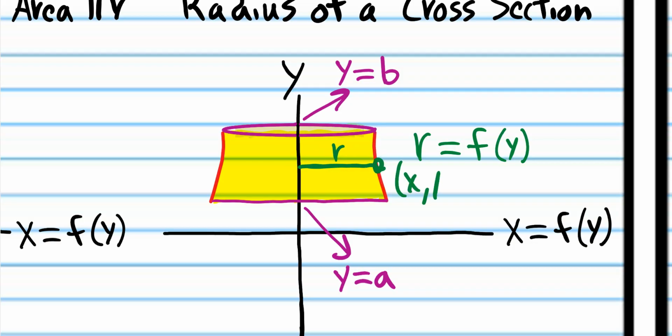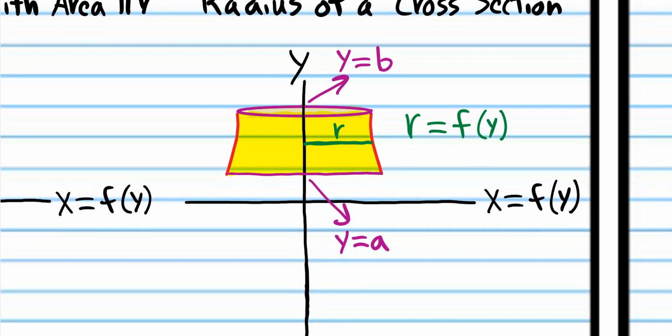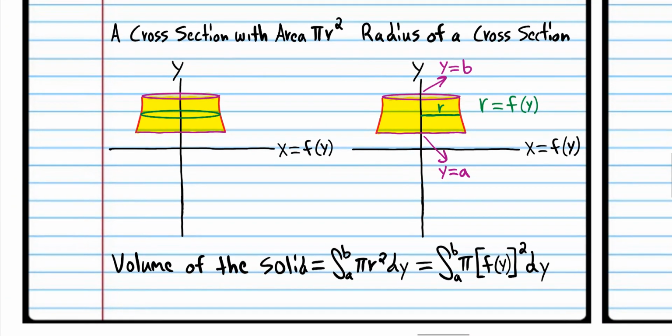If we write x, y, this green distance here is going to be this blue x value. But even though it's an x, the length represents an x value of a point on the red curve, we're going to write the x value in terms of y. It's just going to be the easiest way to do this.